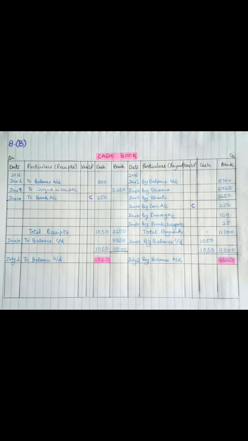On 20th June, on the debit side, in particulars we have to write to bank account, and in LF column we have to write C representing the contra entry, and the amount is to be written in cash column, that is 250 rupees. And in the credit side, on 20th June only we have to write by cash account in particulars. Again C has to be written in LF, ledger folio account, and amount has to be written in bank column, that is 250 rupees.